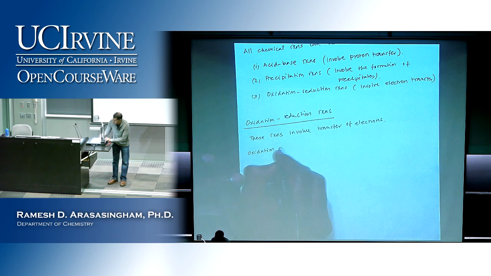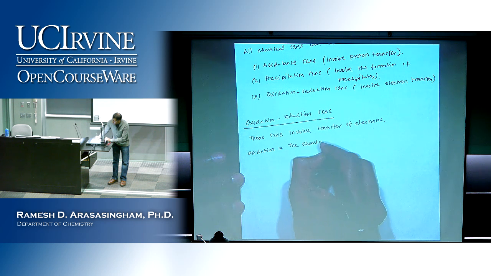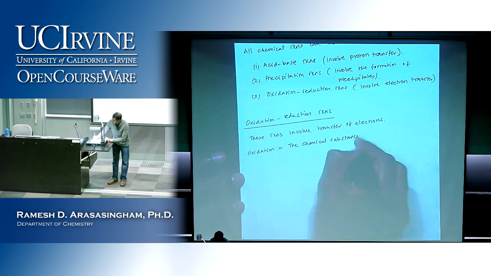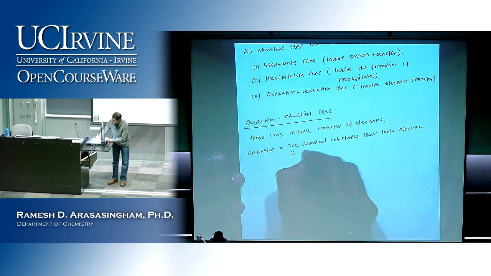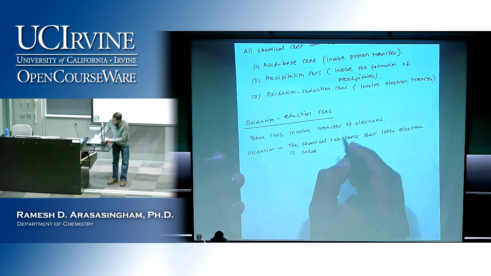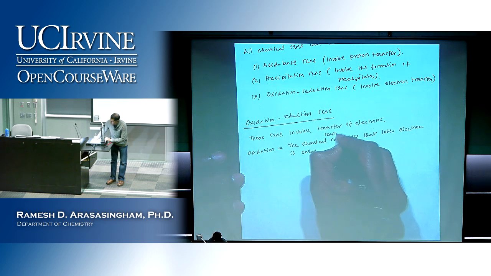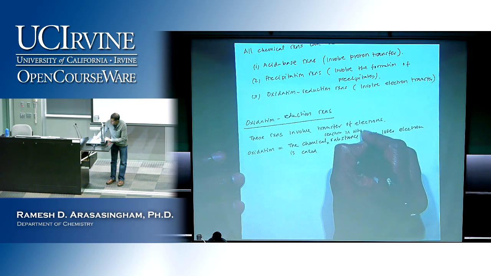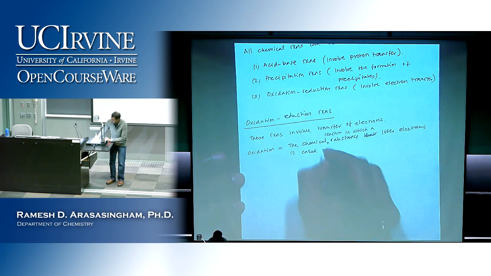You're going to start by saying oxidation. This is the chemical substance that loses electrons is called, let me rephrase this. This doesn't sound very good. So the chemical reaction in which a substance loses electrons is called oxidation.